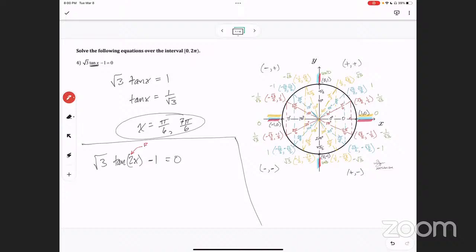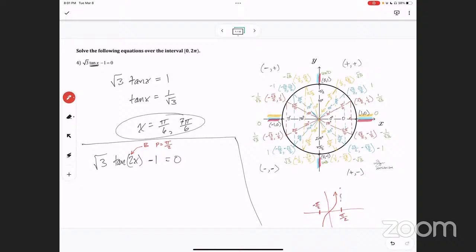So my period now is, instead of being pi, it's pi over 2, right? Which means my period, remember how the tangent curve looked like this? Remember how it went like this? And your period was normally pi. So it was pi over 2 and negative pi over 2. You remember that?